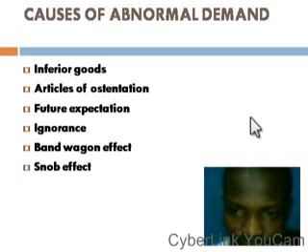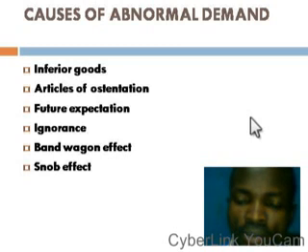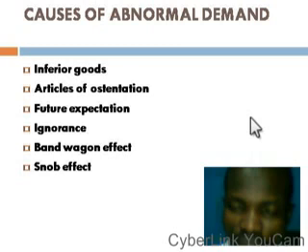The next is articles of ostentation. Articles of ostentation are highly expensive goods. These are luxurious goods. Most consumers usually prefer to buy commodities that are highly expensive. The reason is that buying these particular goods usually confers on them a special status that tends to make them appreciated in public.